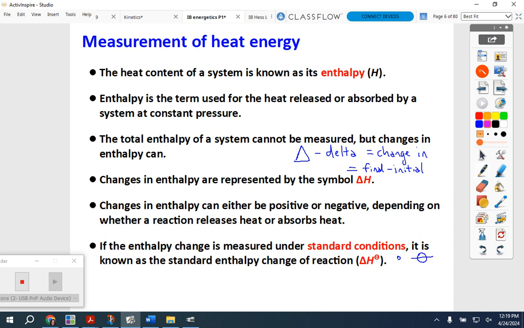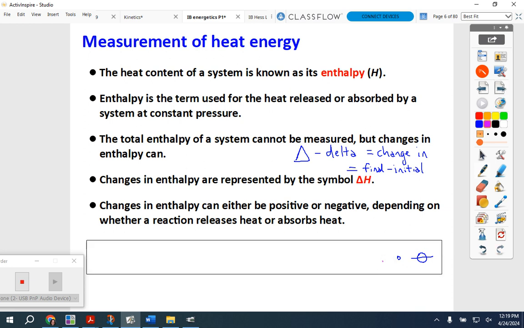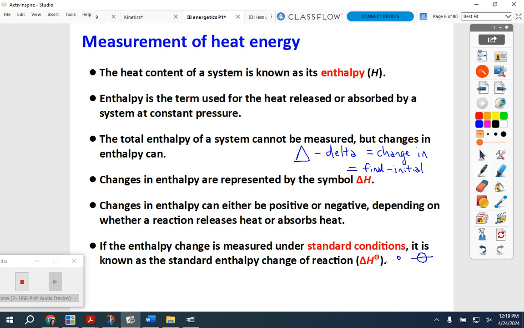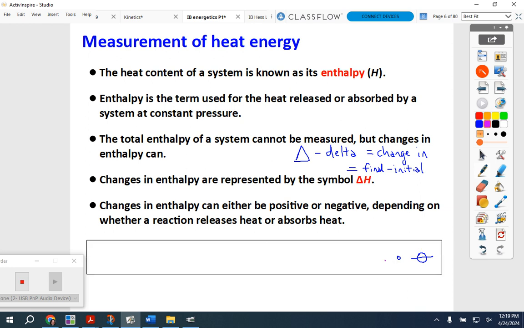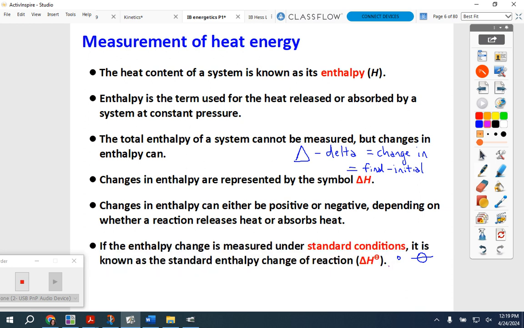One last thing about the delta H is that you will sometimes see a little thing that looks like a theta at the top. It's actually not a theta; it's a plimsoll, and it's basically saying that it's happening at standard conditions. But it's usually written as a theta because that's what you can write in.